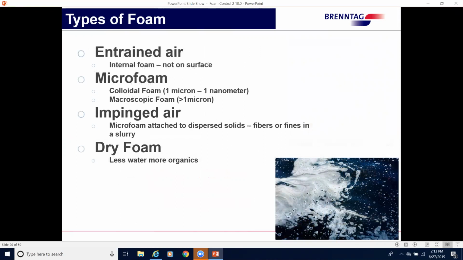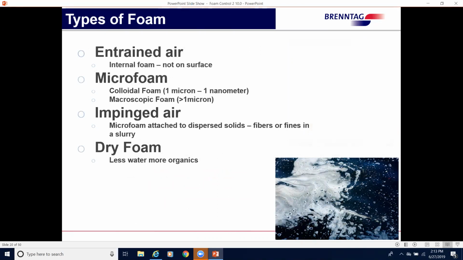So when we're talking about foam, there are usually about 4 different types of foam that we commonly talk about. The first one is entrained air foam. This is foam that hasn't yet reached the surface of the liquid. Then we have microfoam, which are very, very tiny bubbles. Next is impinged air. These are particles in the water, such as dispersed solids, that have air attached to them.